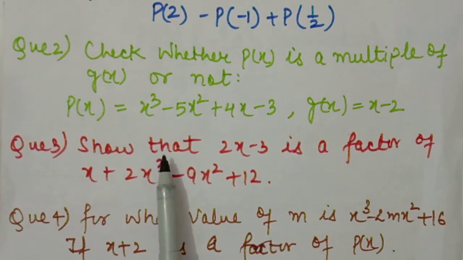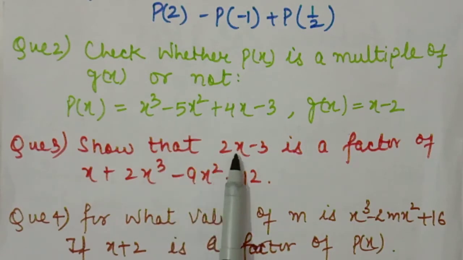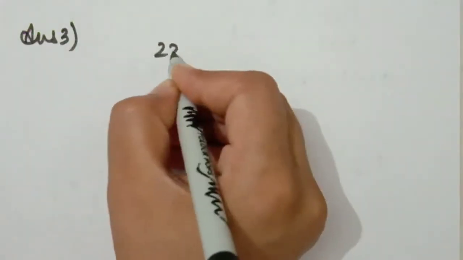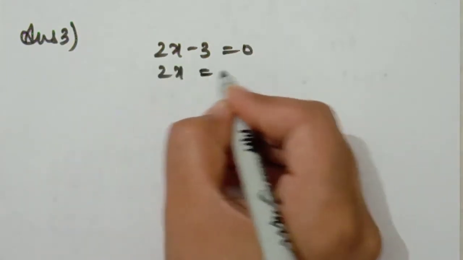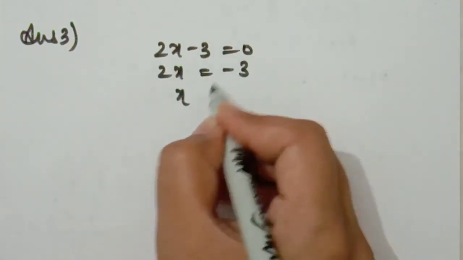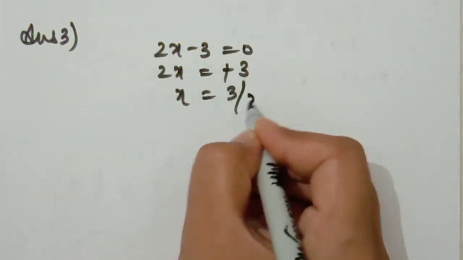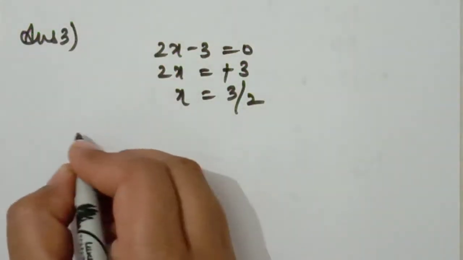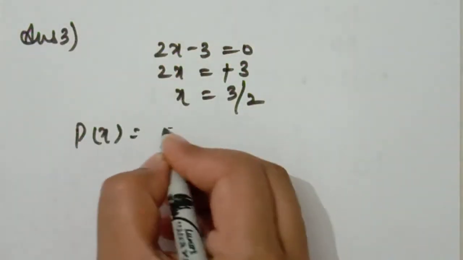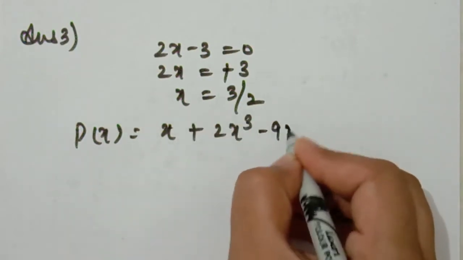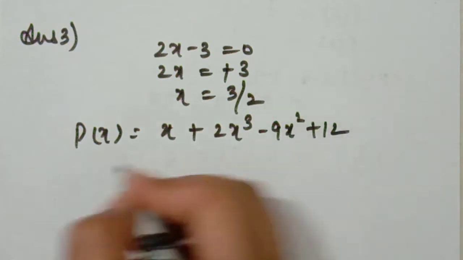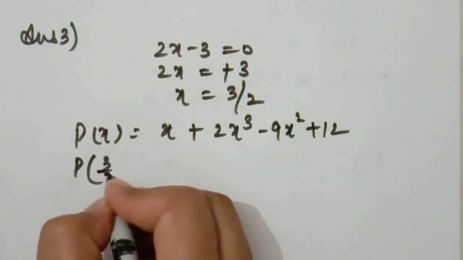Third question: show that 2x minus 3 is a factor of this polynomial or not. So first of all we will find the value of x from the given relation. So it is 3 upon 2. Now the polynomial is x plus 2x cube minus 9x square plus 12. Now we will replace the value of x.